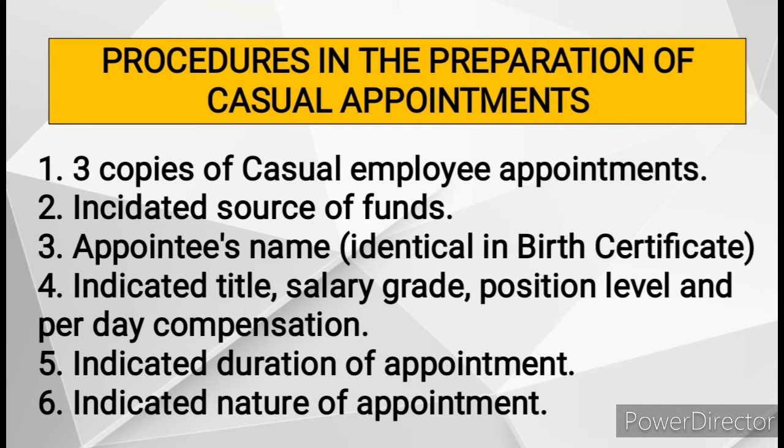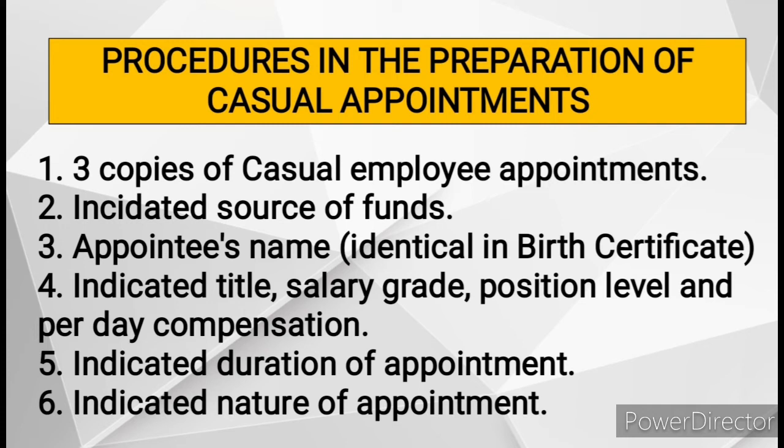First, the appointment form shall be prepared properly. The Plantilla of Casual Appointment, or CS Form number 34, revised 2018, is used for casual employee appointments and 3 copies of it shall be prepared. The second one is there should be an indication for source of funds.